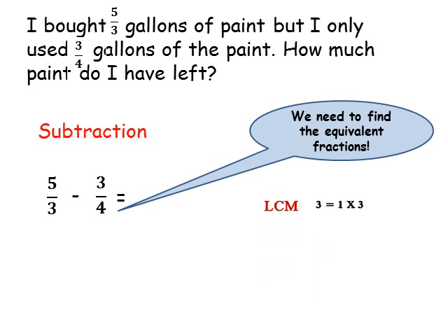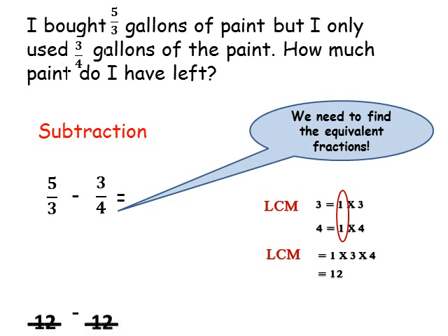Okay, so 3 equals 1 times 3, and 4 equals 1 times 4. Okay, so the common factor is 1. Okay, so we multiply all factors here because other than 1, there's really no other number that is common. So therefore we have 12.